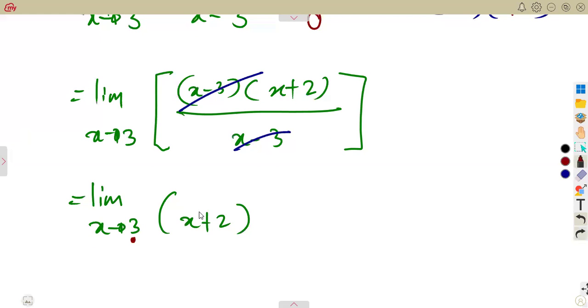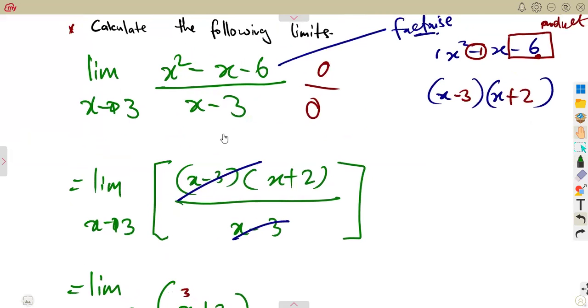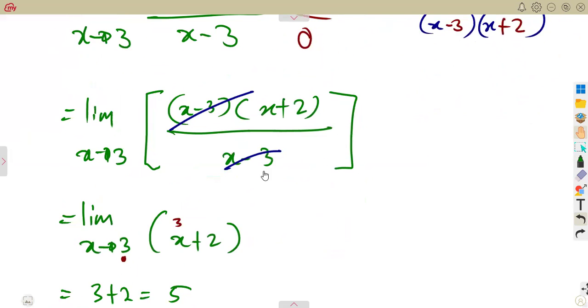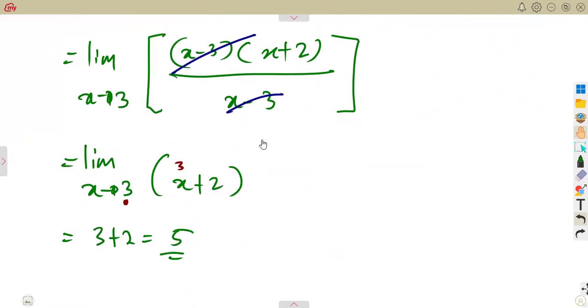The whole limit will be 3 plus 2, which is 5. The whole limit that seemed impossible to work with, because we had 0 over 0, can be factorized, and you can cancel from there.